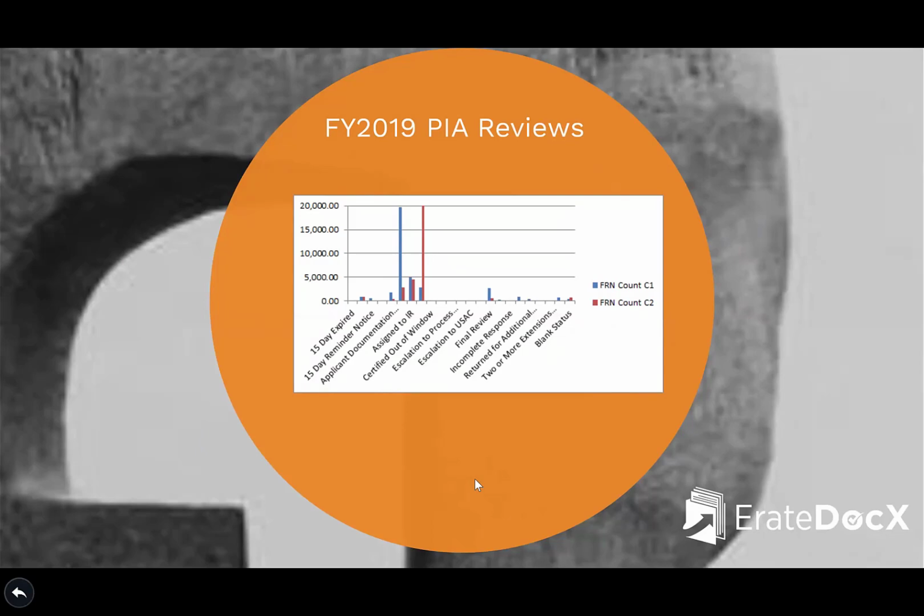Most of those reviews are in the initial review stage, although some of them have already been escalated to final review or have expired their 15-day window, which means that the funding could possibly get denied. If your 15-day window is expired, that means that perhaps you have not responded, or maybe you need additional time and haven't requested that yet.